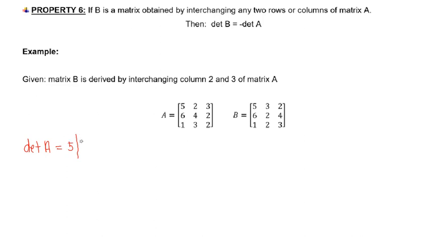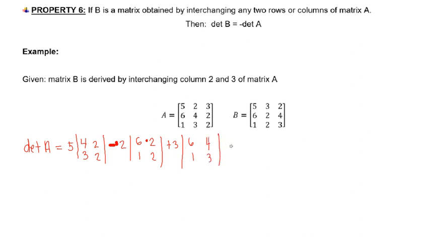We have, so our determinant of A, say we have 5 times 4, 3, 2, 2, minus 2, we have 6, 1, 2, 2, then plus 3, we have 6, 1, 4, 3.